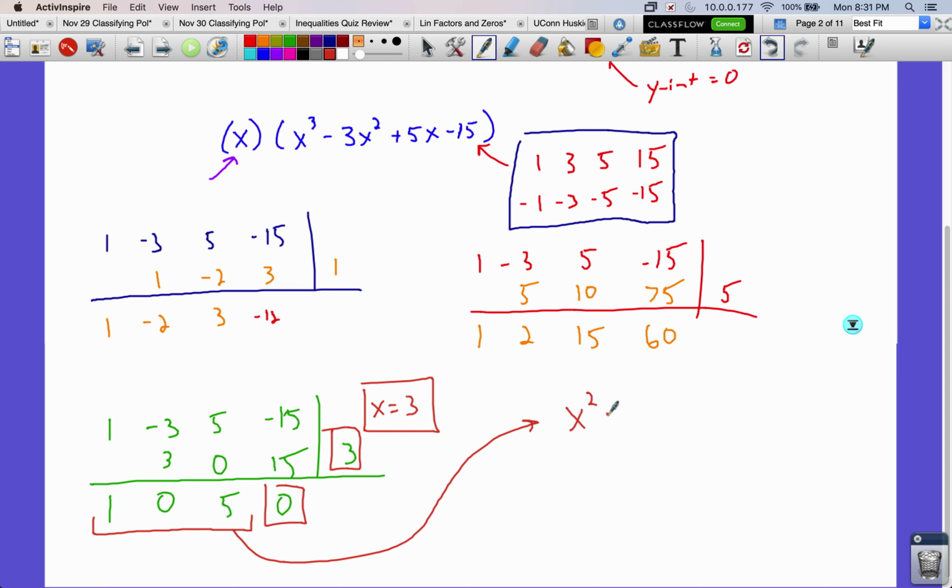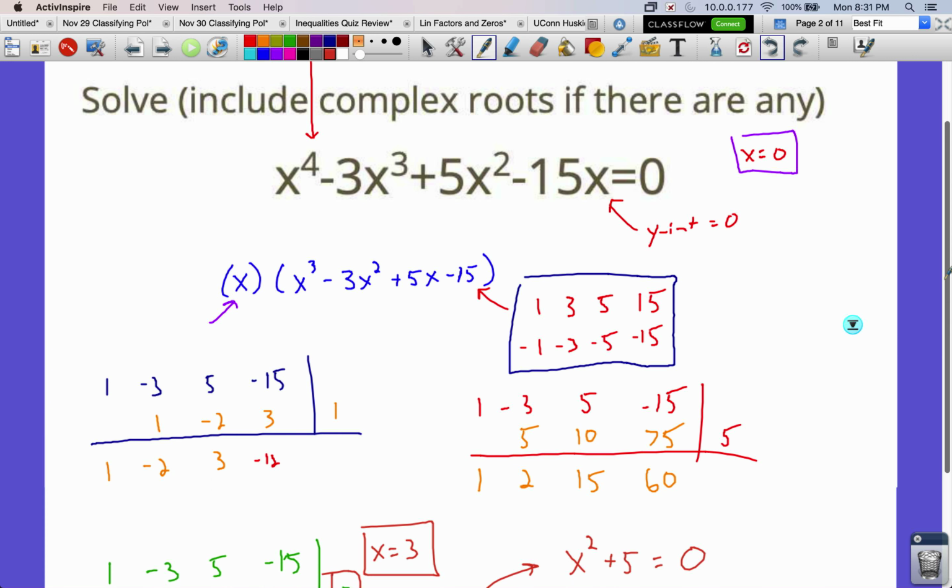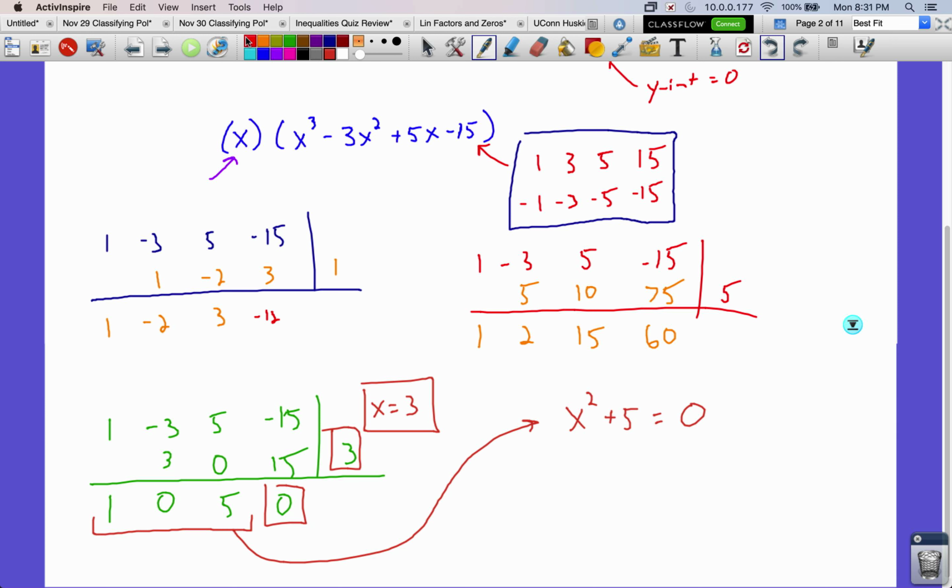x squared plus 0x plus 5 equals 0. All right, now we can just solve this by taking square roots. I'll move the 5 over to the other side. I get x squared equals -5.